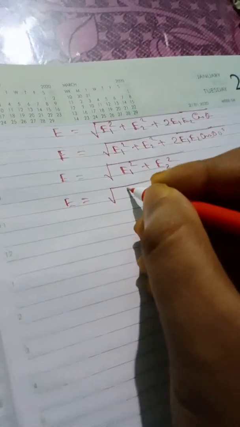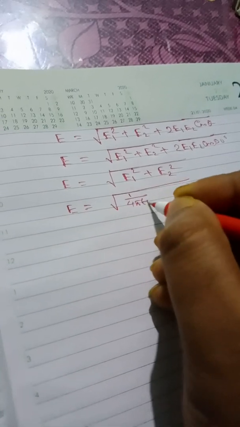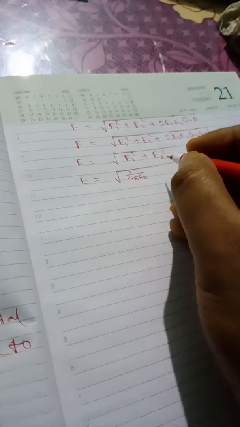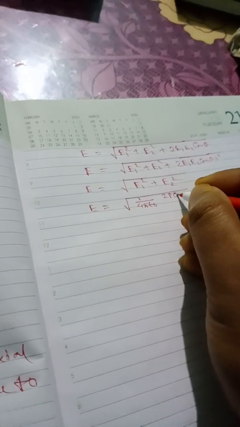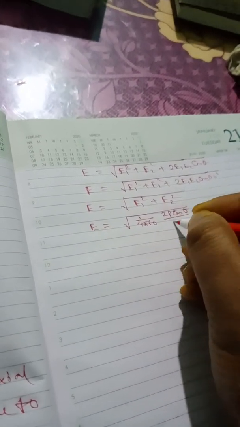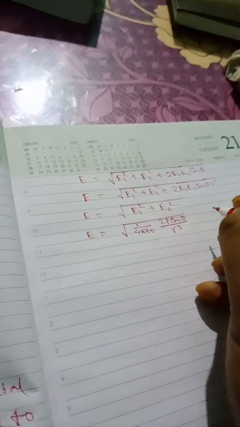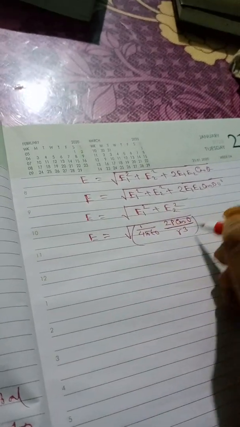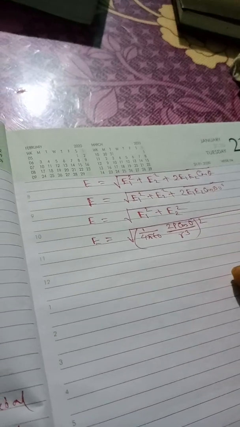So E1 is equal to 1 by 4 pi epsilon naught times 2p cos theta by R cube, and we square this.